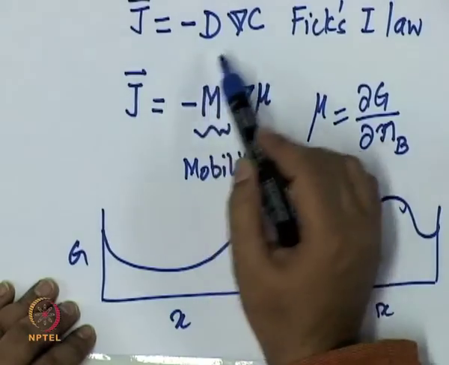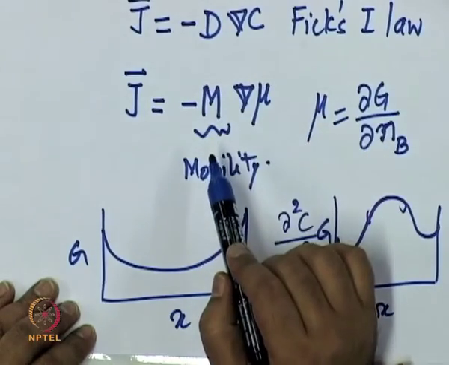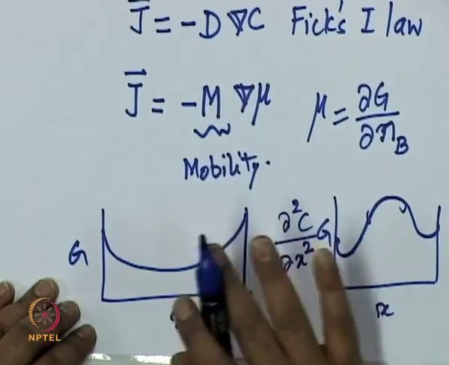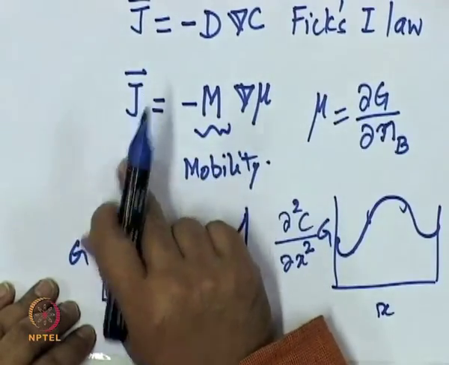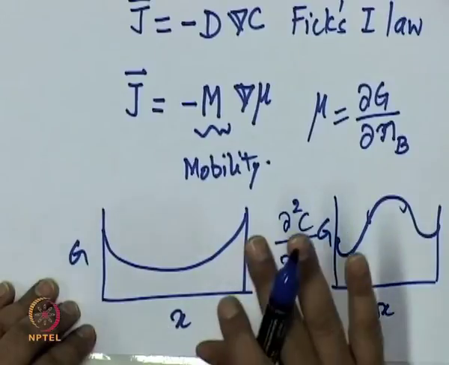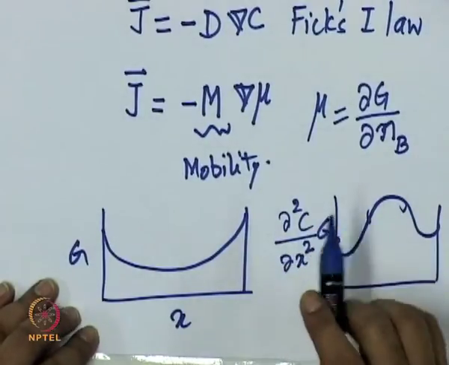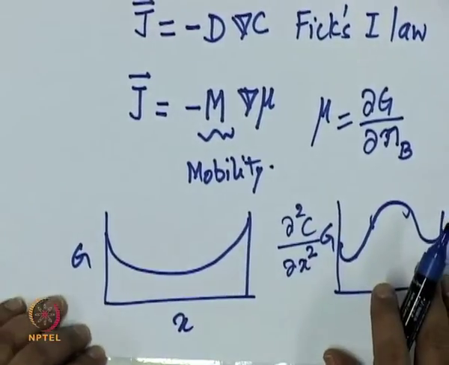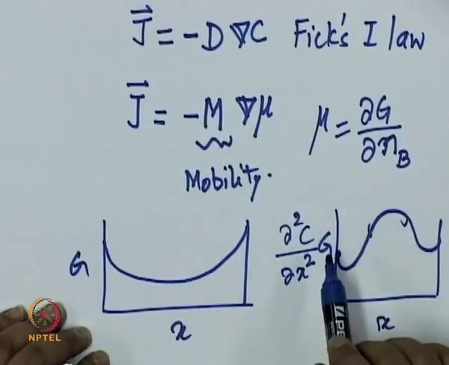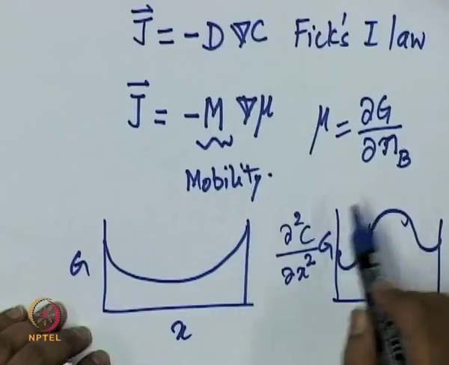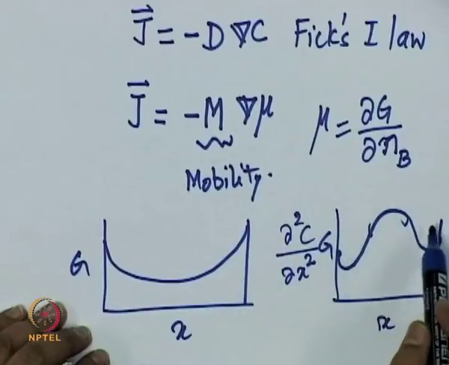If it is negative, then diffusivity picks up a negative sign. Mobility on the other hand is always positive. For unit chemical potential gradient, there will always be some atomic flux, and that is a positive quantity. So, this is the first explanation in trying to understand free energy versus composition curves of this type and the behavior of the system if you are in this region.